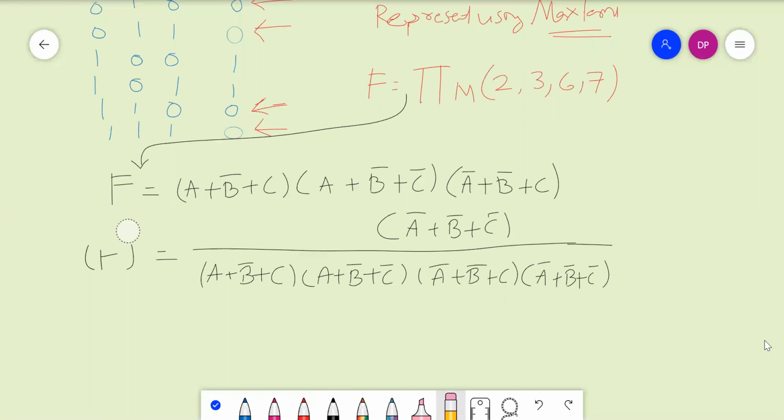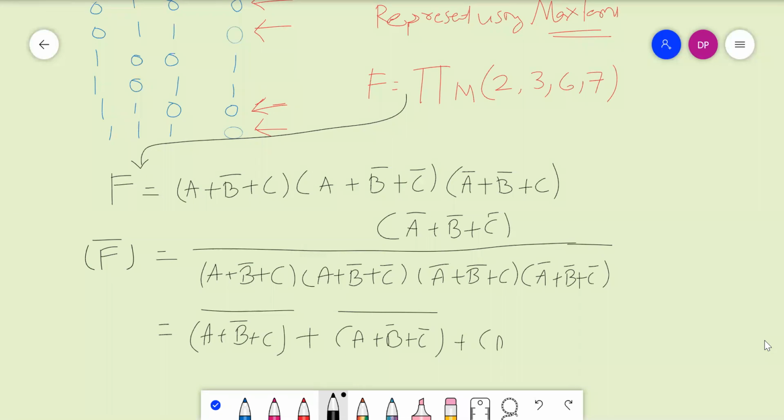We are calculating F bar, right? So A dot B complement is equal to A complement plus B complement. So this will be its complement plus this complement, right? Is it correct? Yes, sir.